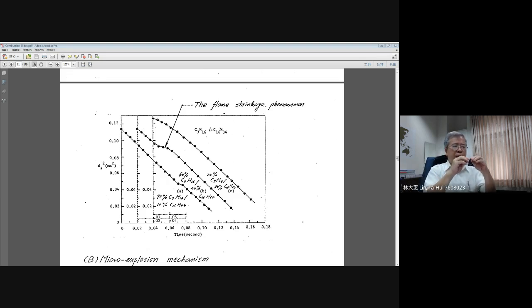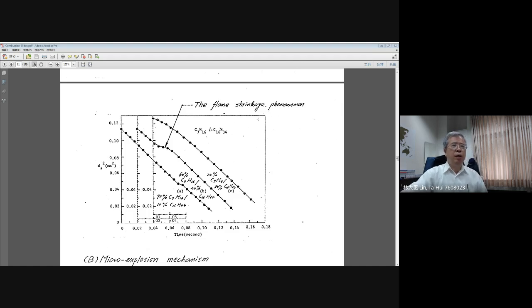But at these times, you can see that originally the diffusion flame exists around these burning droplets. They almost sit at certain positions. But in this period, droplet size does not change too much, but you find the flame becomes smaller. This is the so-called flame shrinkage phenomenon.